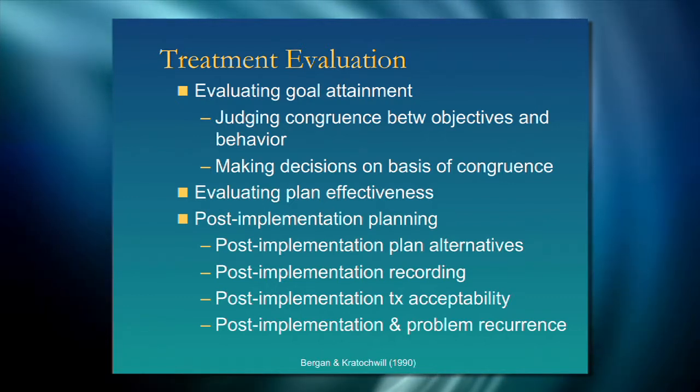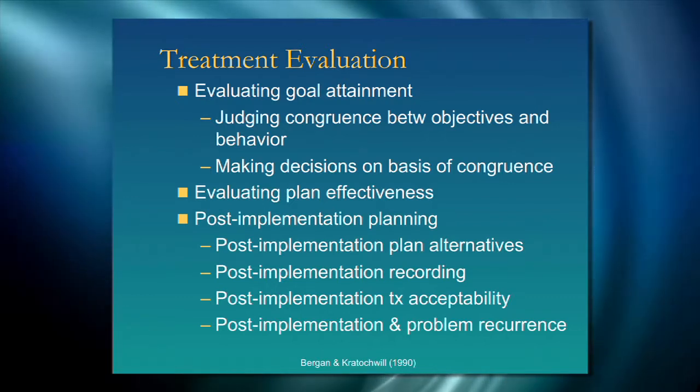Another possibility is we've made partial progress towards the goal, but we're not completely there yet, and maybe we need to make adjustments to increase the value of the reinforcer or to change the frequency with which the teacher provides praise. We don't scrap it, but we make some adjustments to it.